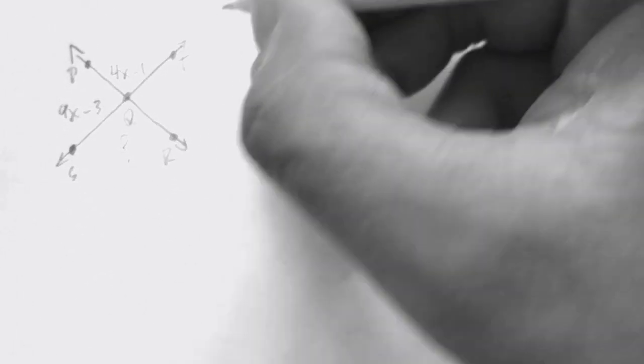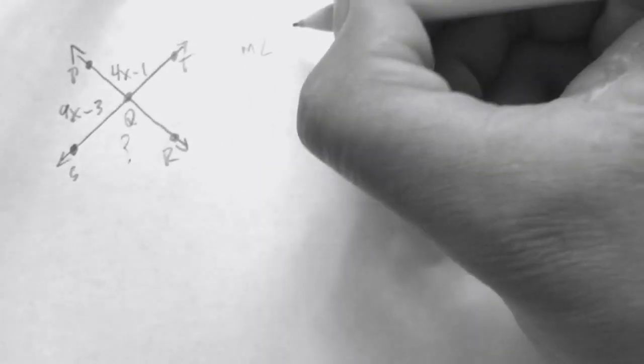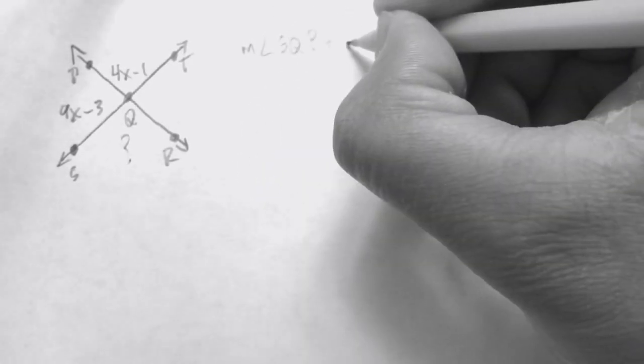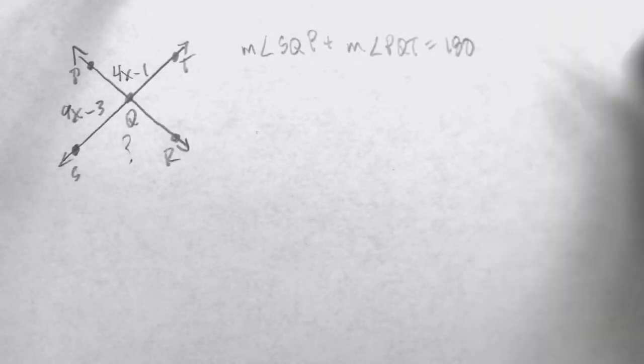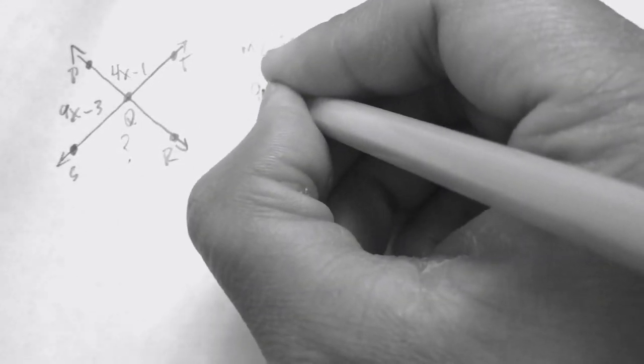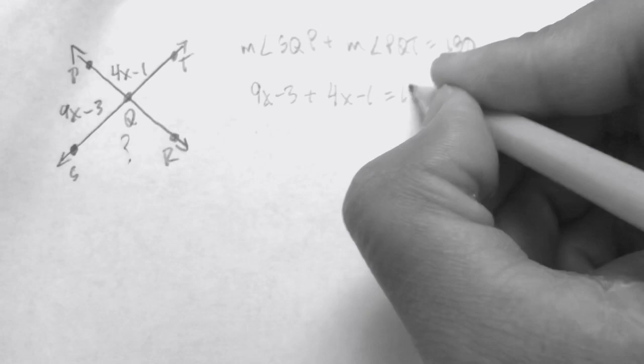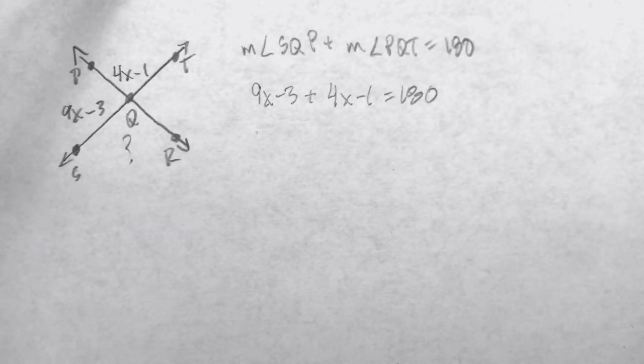Notice that we're in the same situation as before. The measure of angle SQP plus the measure of angle PQT equals 180 degrees. So SQP is 9x minus 3 plus PQT, which is 4x plus 1, and that equals 180 degrees. Oops, this should be a plus 1. My apologies.